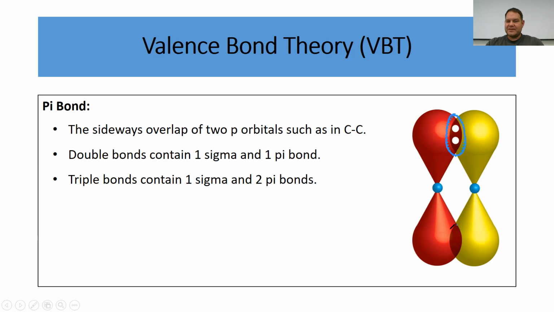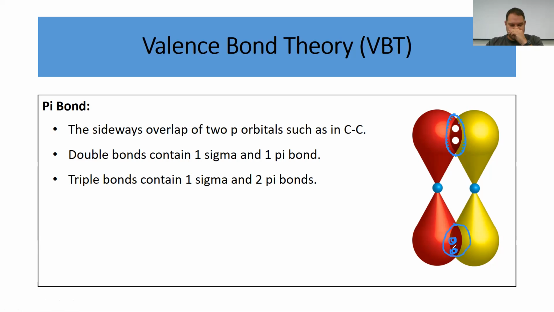They can overlap in two different places as indicated here. So we could have a pair of electrons up here, which is indicated in the model, or down below in that overlap. Either lobe can have that pair of electrons being shared in a covalent bond.